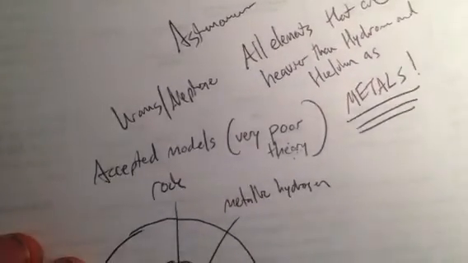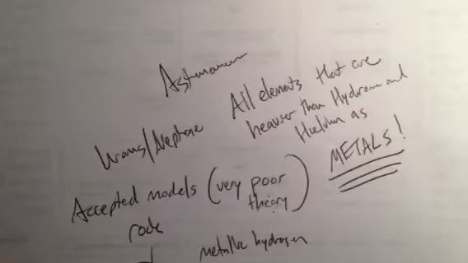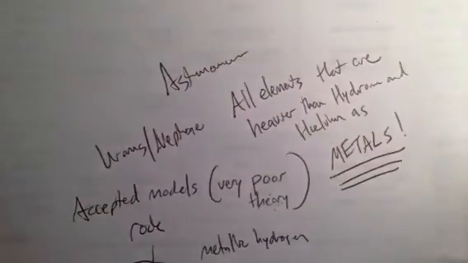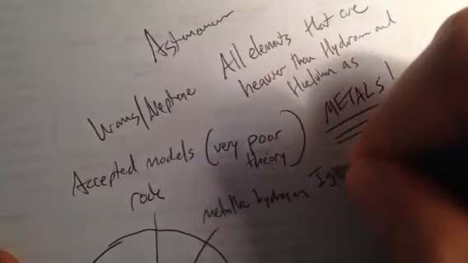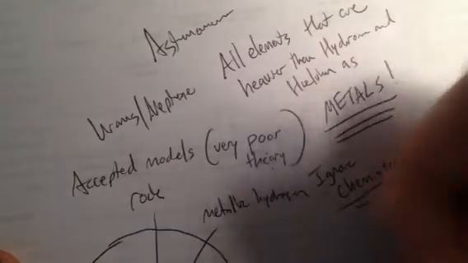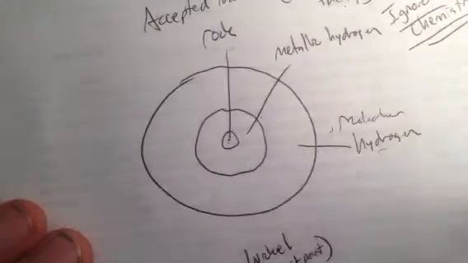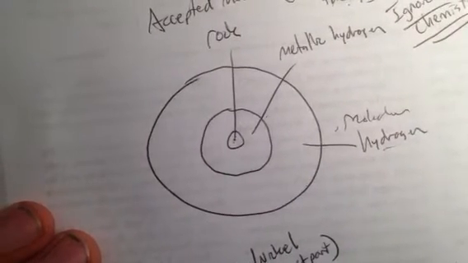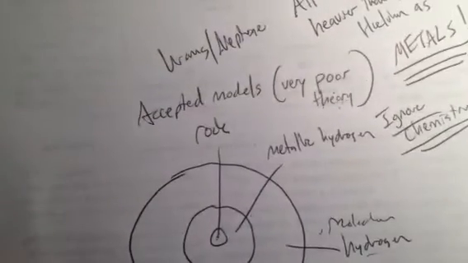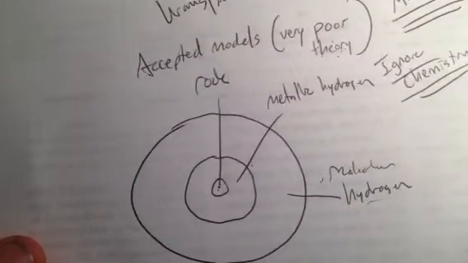They literally do that. I'm not even making this up, people. They think all the elements that are heavier than hydrogen and helium are metals. You know what that does? That means they ignore chemistry. Chemistry isn't important to these people. That's why they try to make everything as hydrogen and rock. You see how bad a theory that is? That's horrible theory. They have no idea what they're doing.